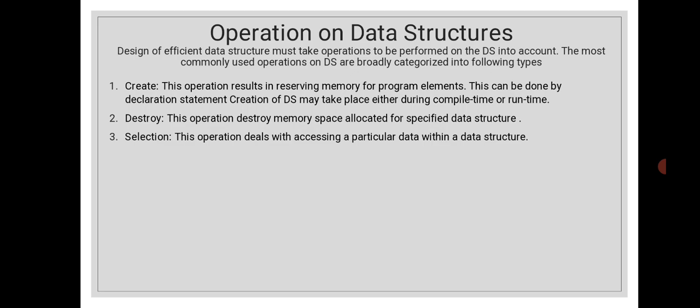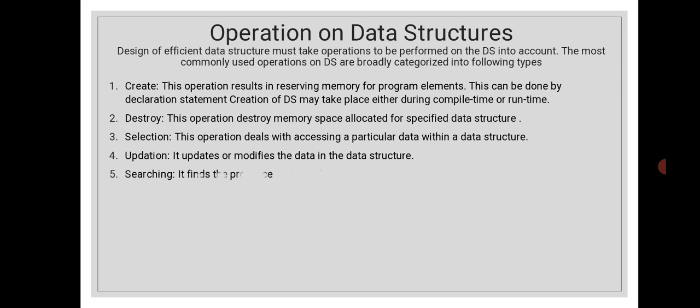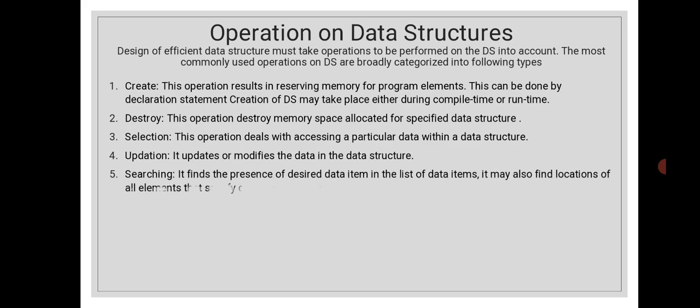Next is updation, which updates or modifies the data in the data structure. Searching, we need to search, right? It finds the presence of desired data in the list of data items, and it may also find the location of all elements that satisfy certain conditions.